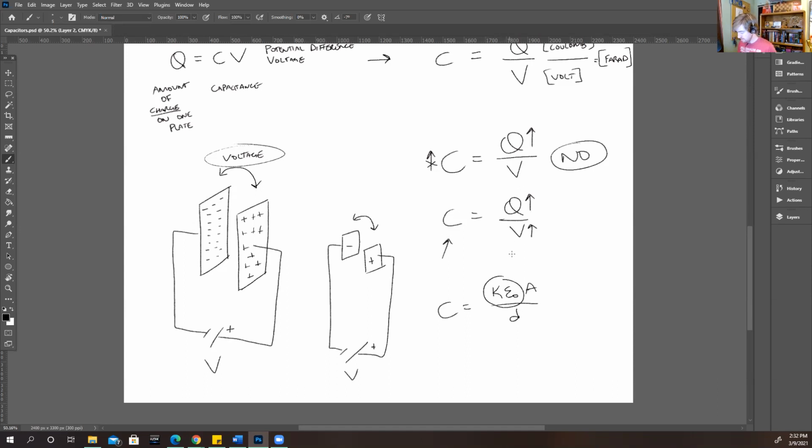You just think of these as how easily something can hold charge. How does the material do when holding charge?